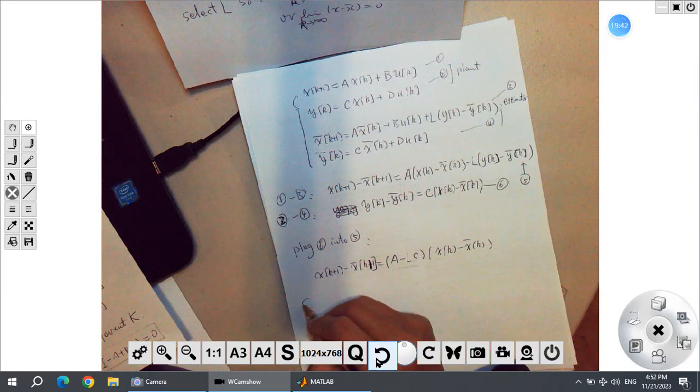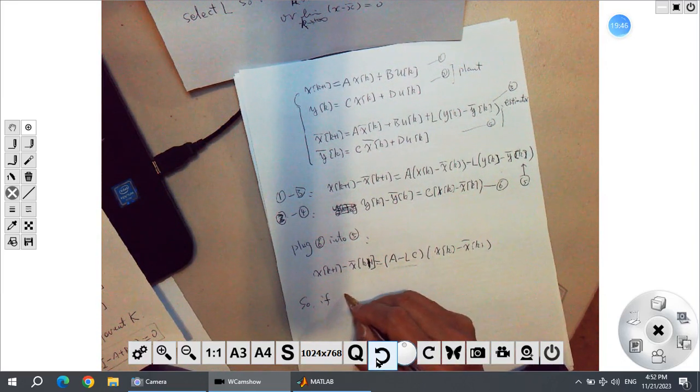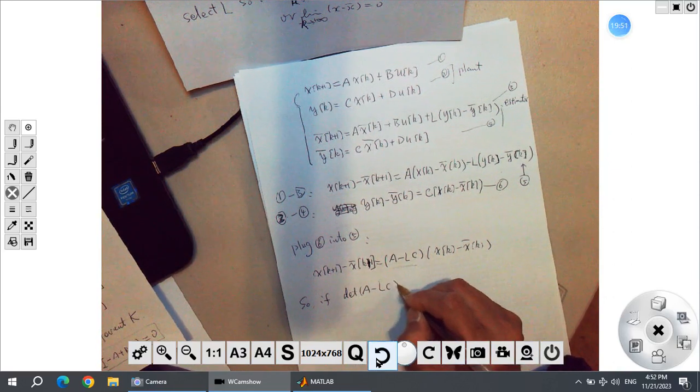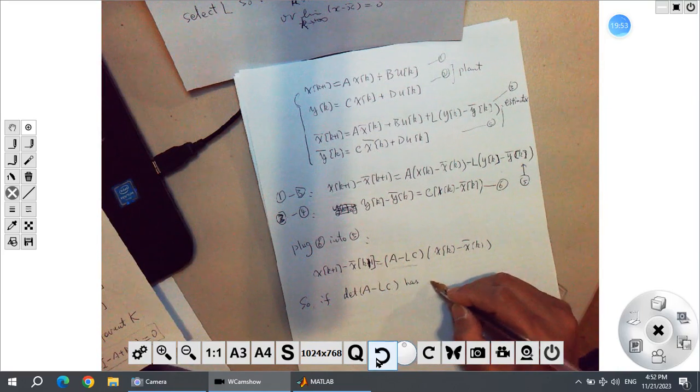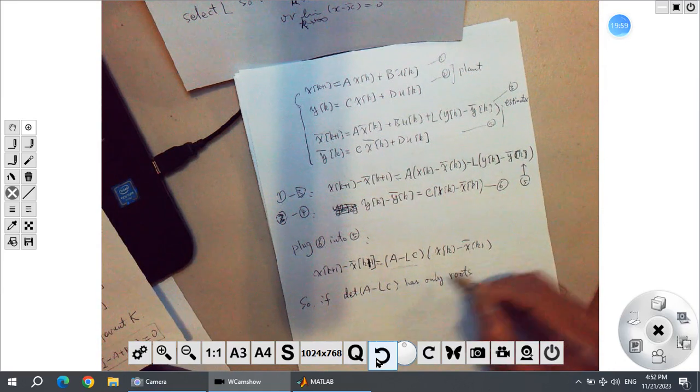Okay, so the poles are determined by this: the determinant of A minus LC equal to 0.